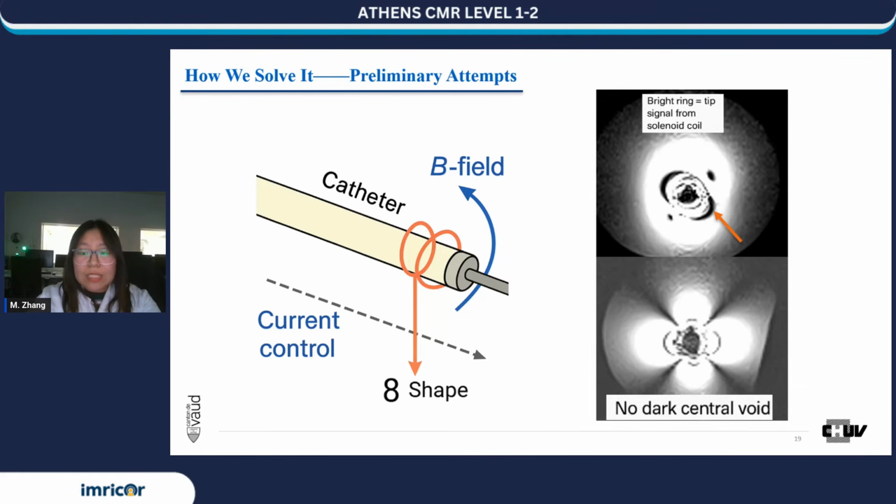On the right, you can see the original MR images we acquired. There is a clearly visible bright ring around the catheter tip and no dark center, indicating that the coil is manufactured well and is functioning well, providing focused signal coverage at the tip.